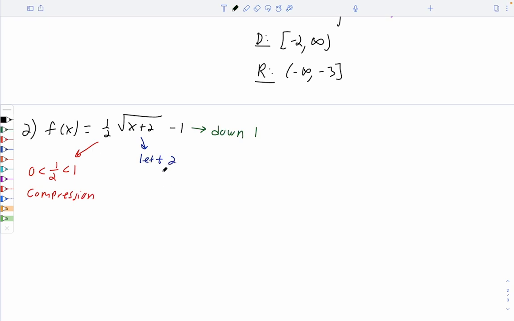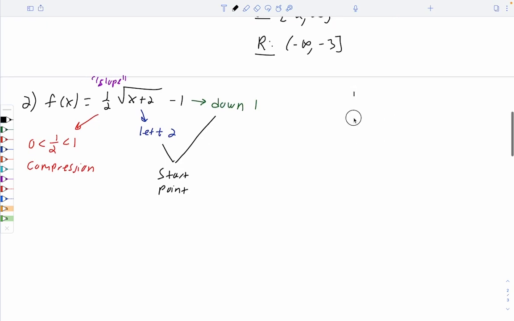Then to actually graph it, you'll use these two to find the starting point, and then you'll use this A value as the slope to the next point, right? So you use these two transformations to find the starting point, and then from there you can use 1/2 to get to the next point on the graph. So let's go ahead and do that real fast.